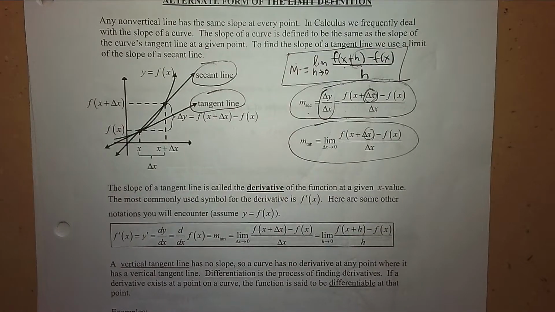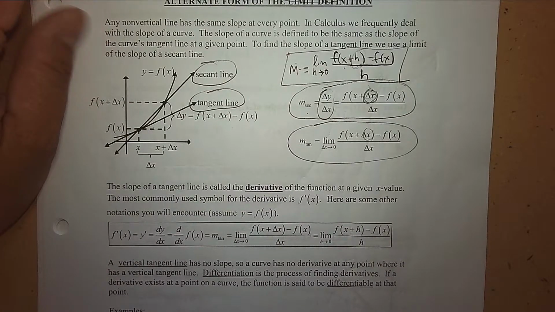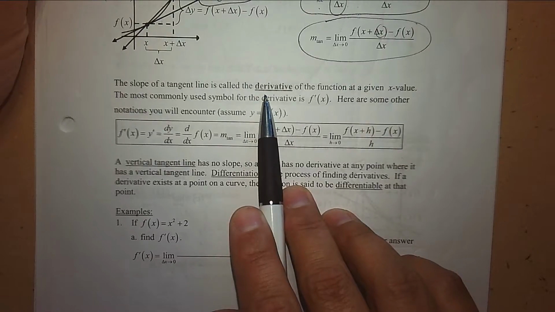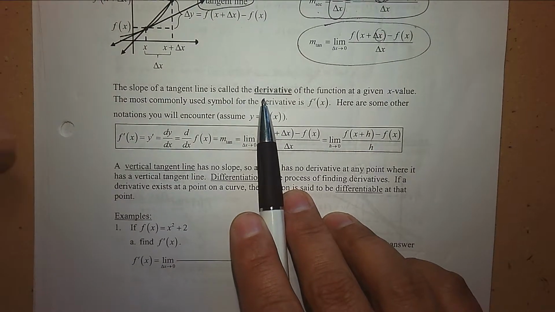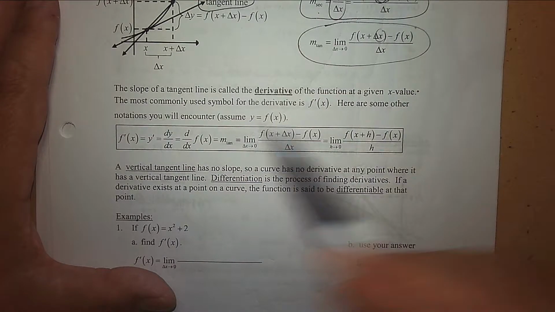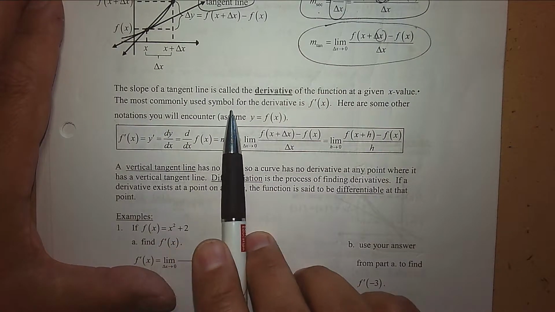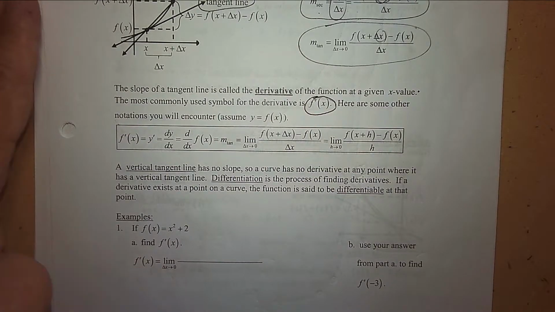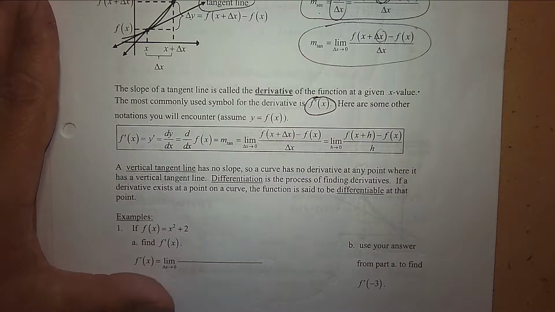Let's see some terminology, okay? So the slope of a tangent line is called the derivative. Derivative has multiple concepts connected to it of a function at a given x value. The most commonly used symbol for derivative is this, right? We call that f prime, right? At x, the word prime.